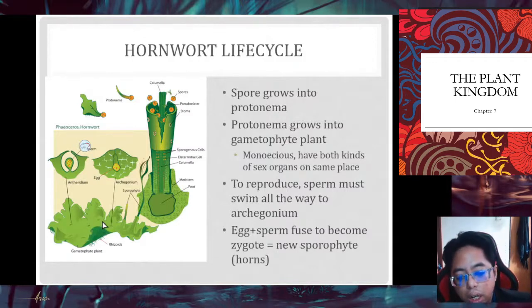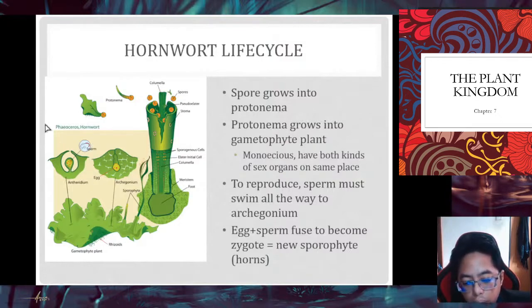Okay, it is not the archegonia, it is not the antheridia. Antheridia and archegonia are actually embedded below the surface. As you can see, this is the leaf, okay, the leaf-like thing called the thallus, right? And then you see there's a lot of pits. In the pits you have the antheridium. Again, it will create sperm, and archegonia will create the egg.